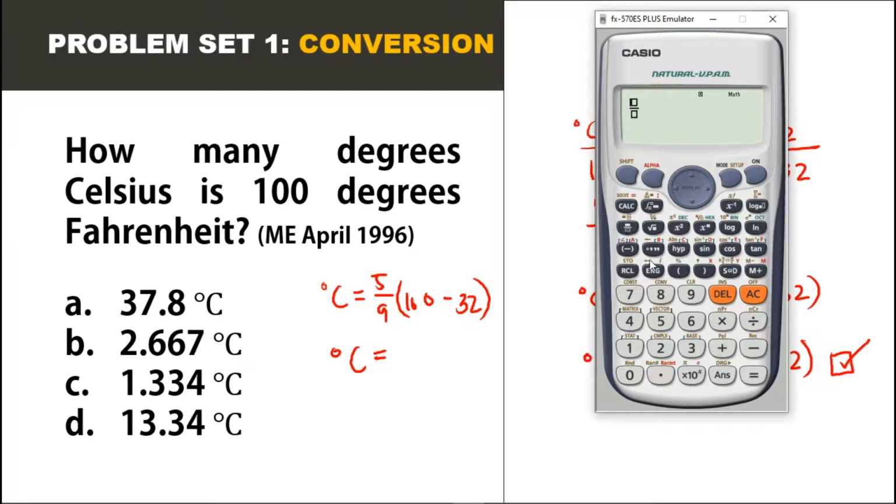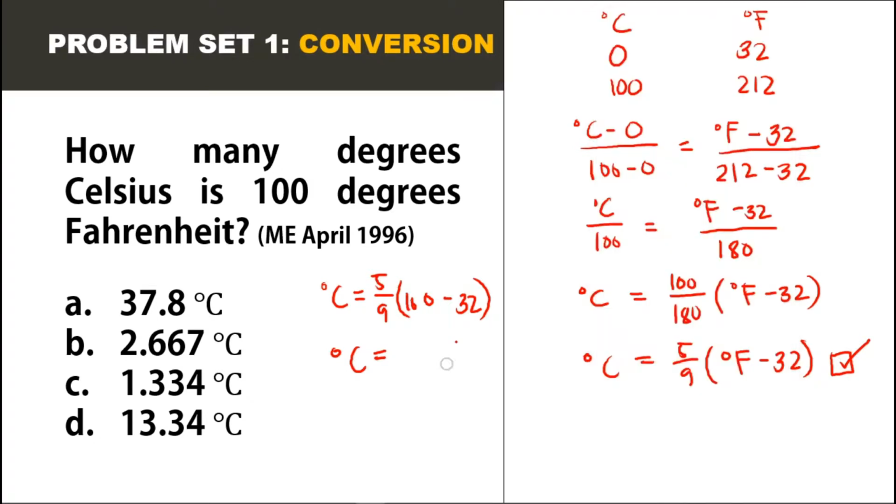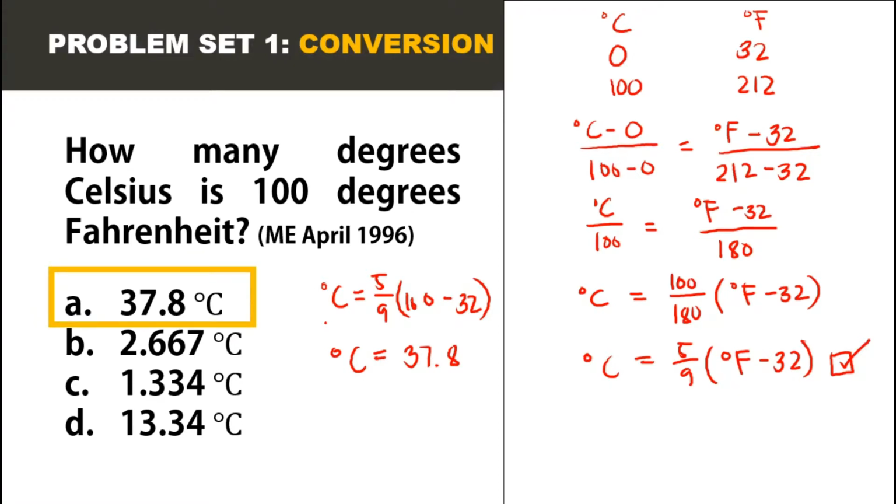So we input 5/9 times the quantity 100 minus 32, equals 37.8 degrees Celsius. So we have A as our answer.